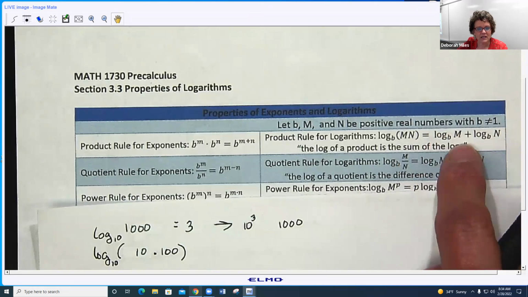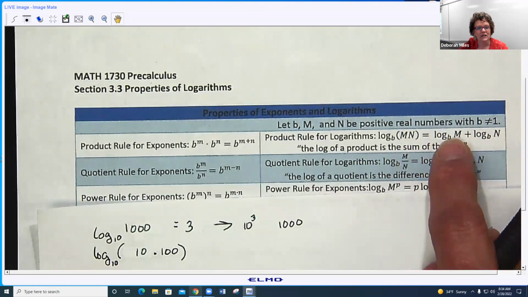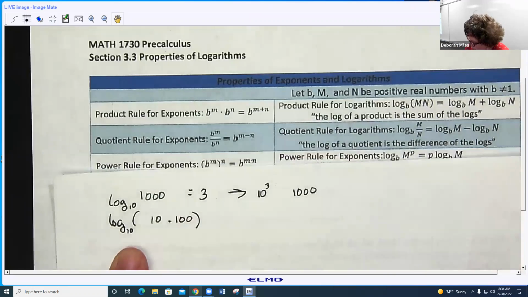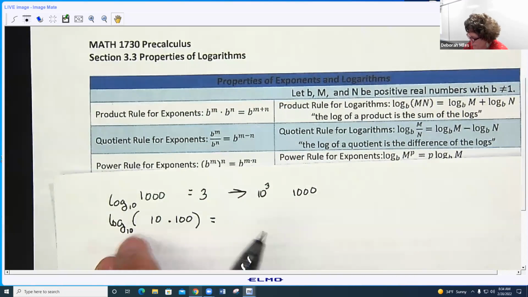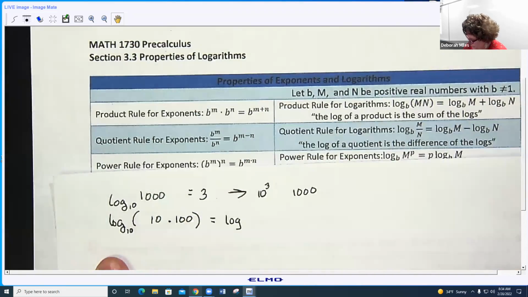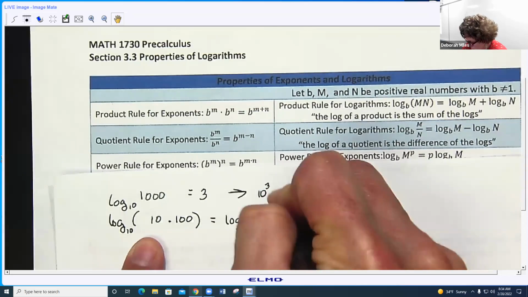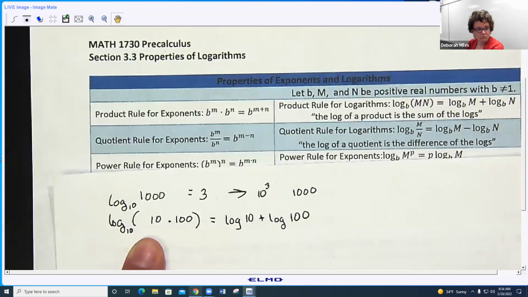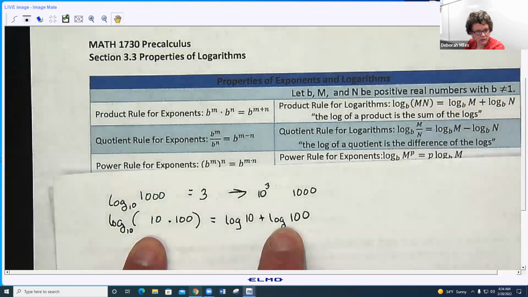So it's the same thing as saying when you multiply two expressions with the same base, you add their exponents. And I can show you that it works right here. If we use the product rule on that, we'd say log of a product can be written as the sum of two logs.